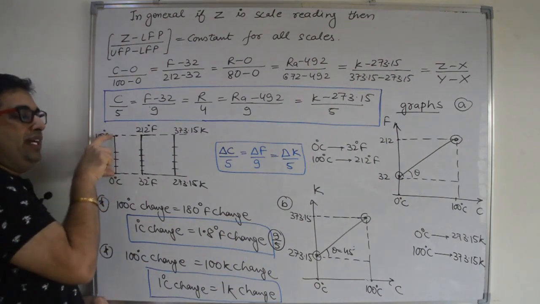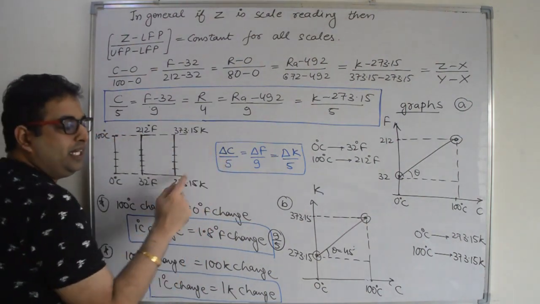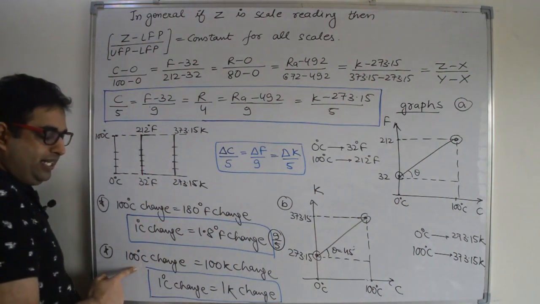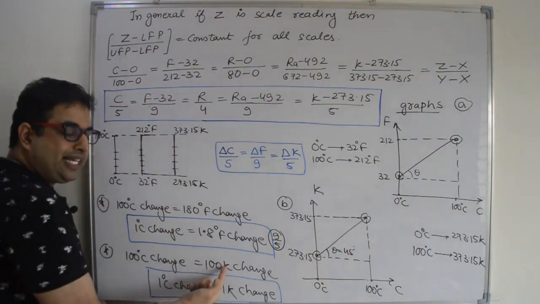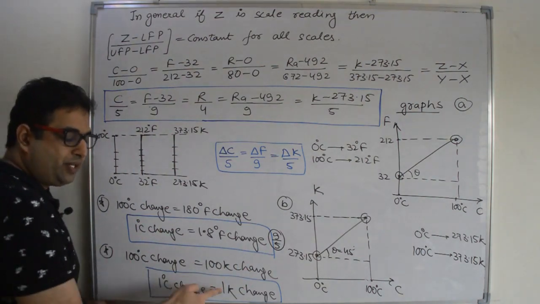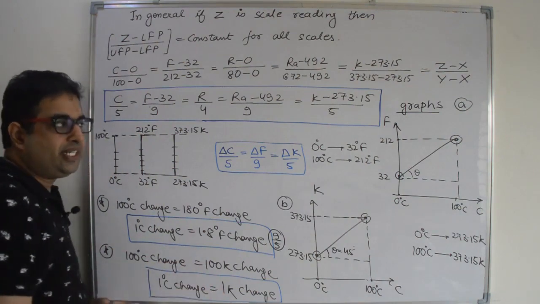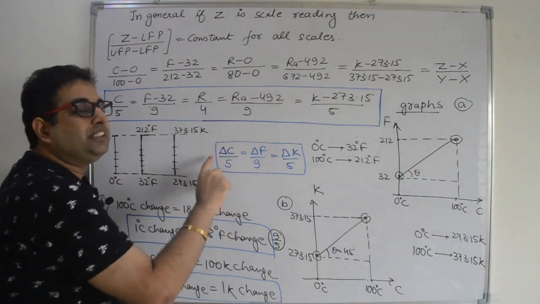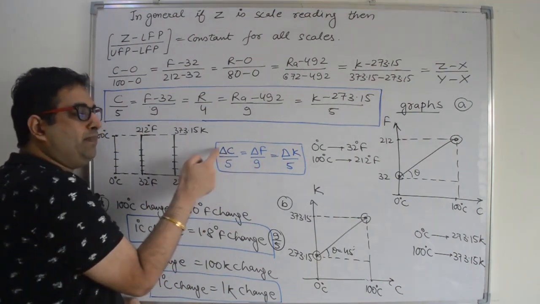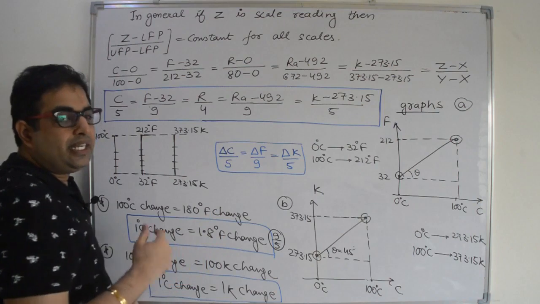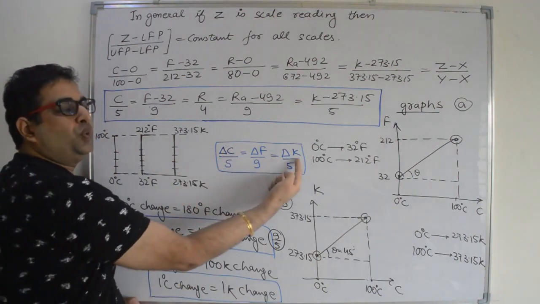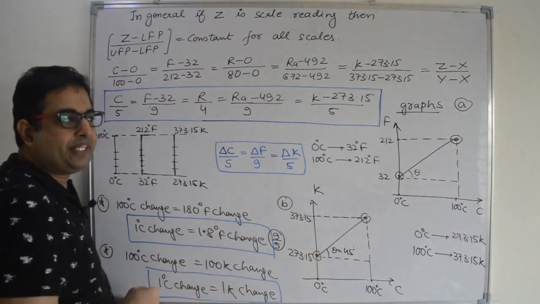Similarly, a 100 degree Celsius change is equal to a 100 Kelvin change in temperature. So a 1 degree Celsius change in temperature is equal to a 1 Kelvin change in temperature. Here we have the change relation: a 1 degree Celsius change is 9 by 5, that is 1.8 degree Fahrenheit, and a 1 degree Celsius change is equal to a 1 Kelvin change in temperature.